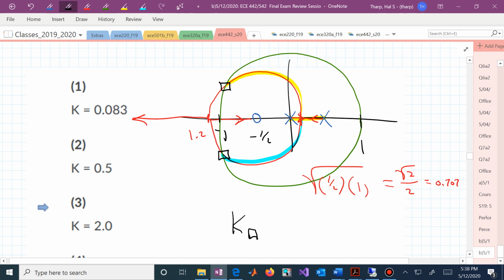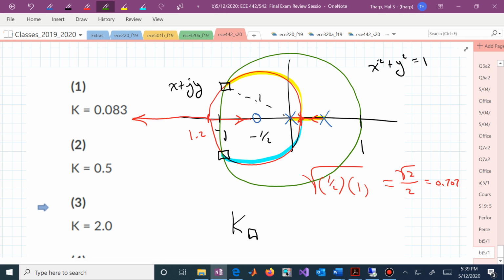But we can find it. We could do it many different ways. Maybe the most straightforward, since we just have 2 poles, would be to say, wait a minute, we know that's now a unit circle, so if this point is, let me just call it x plus jy, we know that x squared plus y squared is equal to 1.